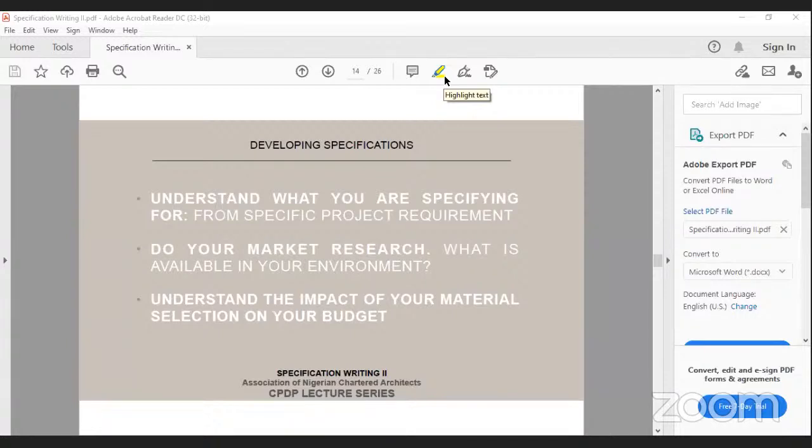If you had a non-updated directory, you probably would still be looking for roofing sheets that had asbestos, not knowing that asbestos has been discontinued and has been banned by standard organizations globally. So you need to update your building materials directory and your handbook.